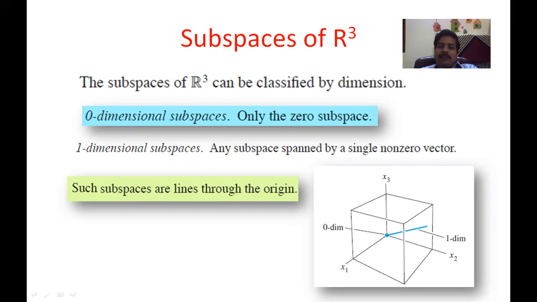So it is a line. It looks like a line. Any line anywhere. You can draw any number of lines. Each line is a one-dimensional subspace, provided that it passes through the origin.